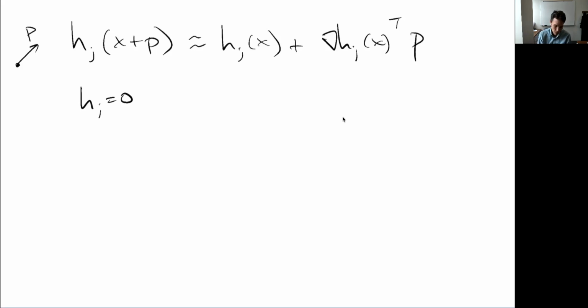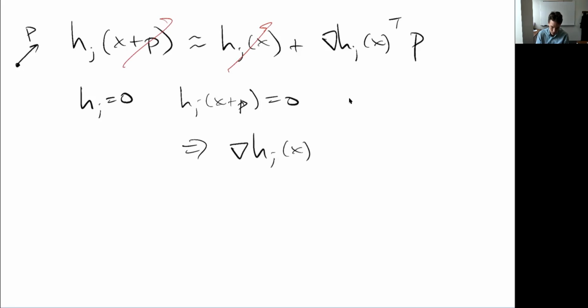So if I'm already at a point where h is 0 and I want to go to a new point, I could only take steps for which that's also true. If I take a step and h is still 0, then that's fine. That's a feasible direction. I'm perfectly able to move there. That's a valid step. So if that's 0 and that's 0, what we're saying then is that for this to be feasible, so we're not talking about descent direction here, we're talking about a feasible direction, then I need the gradient of h transposed times p to be equal to 0.